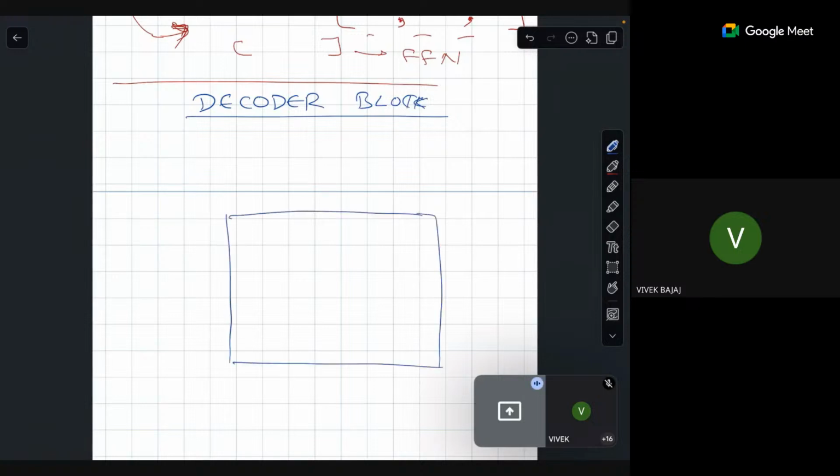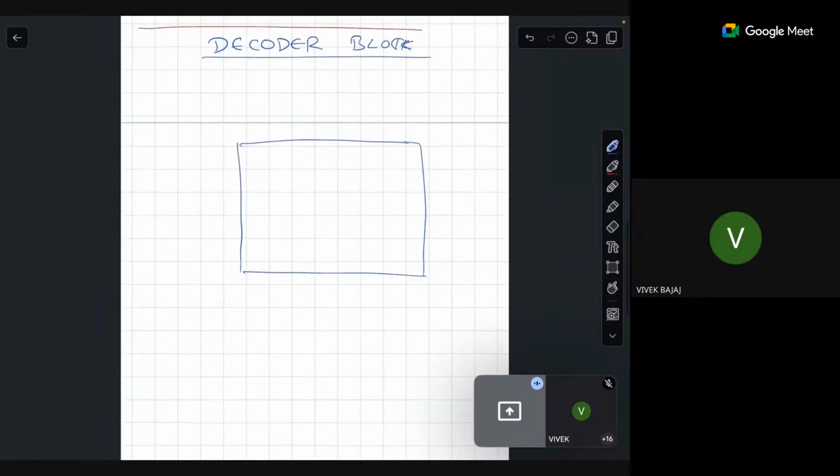So I'm just drawing one single decoder block, right? So we said that go, I, like, DL. This one should give I, like, DL, stop, right?